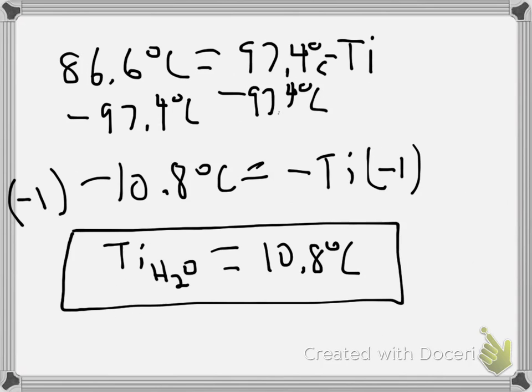So all we have left is 86.6 degrees Celsius equals 97.4 degrees Celsius minus Ti. So you just subtract the 97.4 degrees Celsius from both sides, and now you have a negative temperature equals negative Ti. All you have to do is multiply that by negative 1 to make them both positive. So the Ti of H2O was 10.8 degrees Celsius.